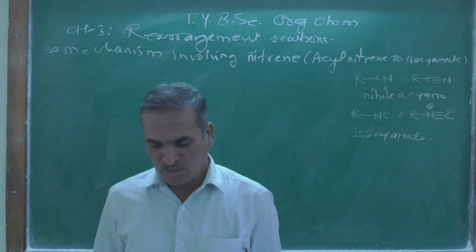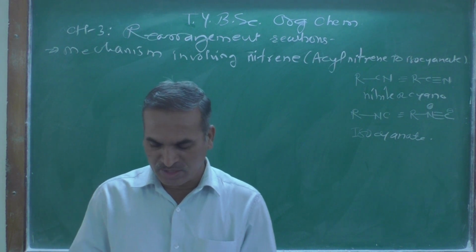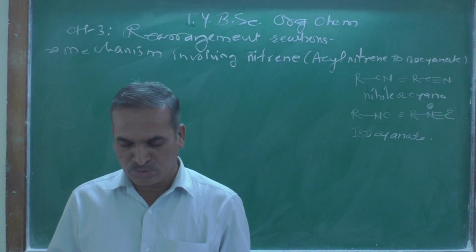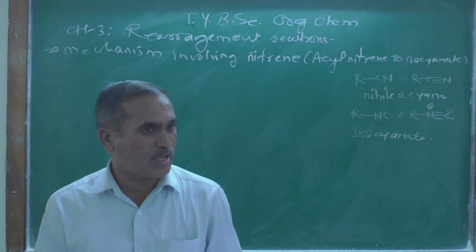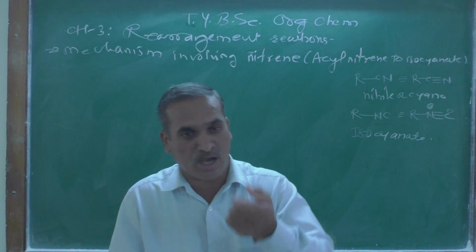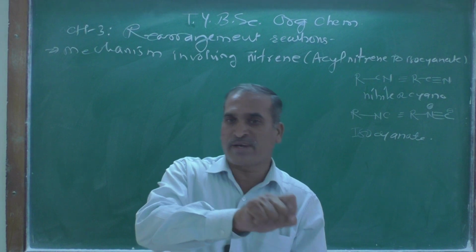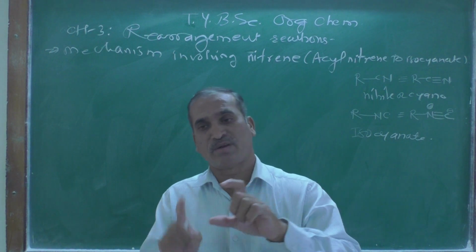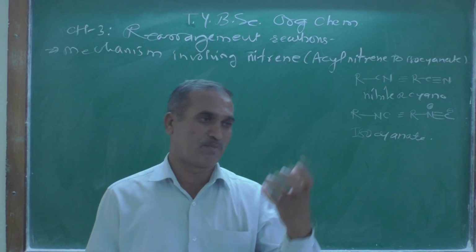So here are several useful and general procedures for degrading carboxylic acids and derivatives to amines. Carboxylic acid we are going to convert into an amine, and during that process the reaction proceeds via nitrene as an intermediate, and that type of intermediate may be isolated, and after hydrolysis the resulting compound is an amine.